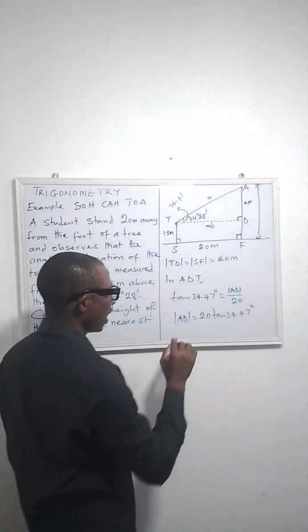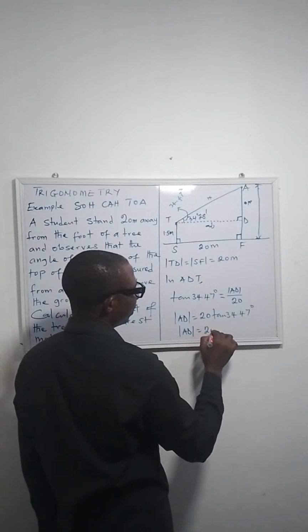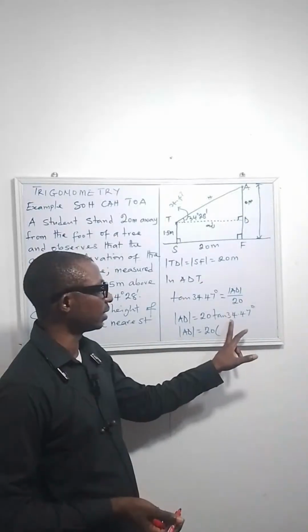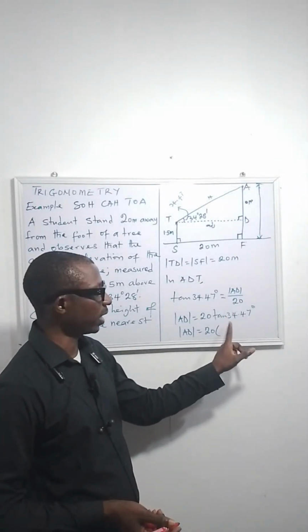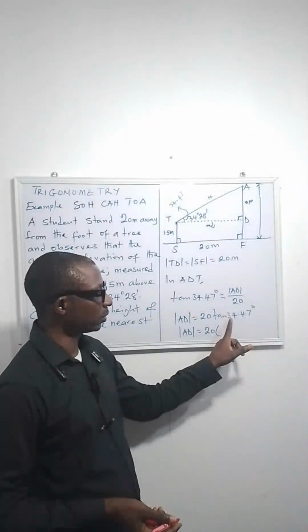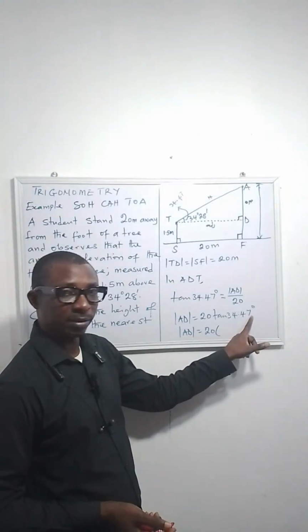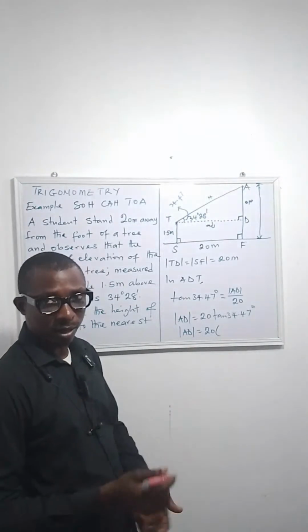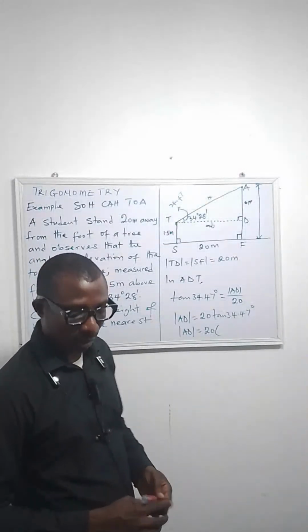Now you check your four-figure table for tan 34.47. You check 34 under 4 and add the difference 7. Can we do that now? Check your four-figure table, and if you don't have your four-figure table, you can make use of your calculator.